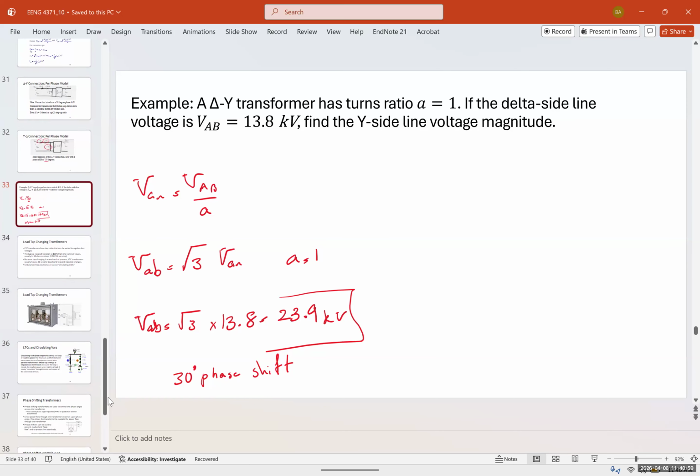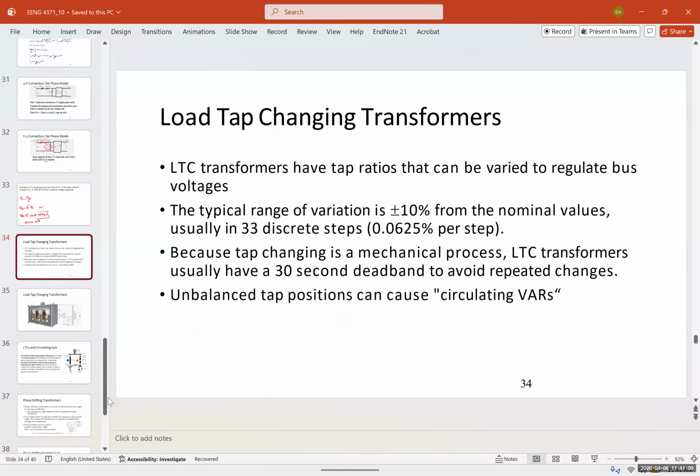So we studied single-phase transformers, three-phase transformers, and their different configurations, which were delta delta, Y Y, Y delta, and delta Y. We also have other types of transformers as well. One type of transformer that is also used is called the load tap changing transformer, or LTC. They have a tap ratio that can be varied to regulate bus voltages. The typical range of variation is positive, negative 10% from the nominal values.